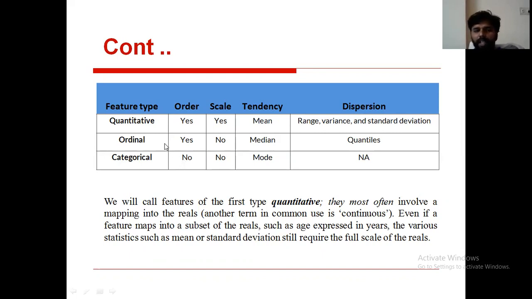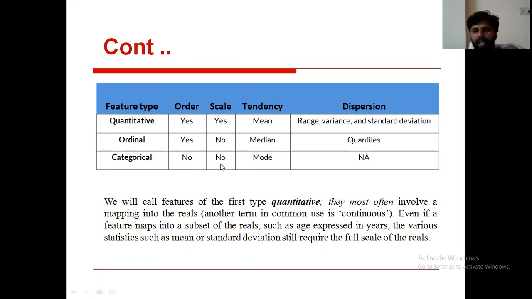If you take ordinal variables 1, 2, 3, 4, there is an order. If you represent the quantity, it may be a numeric value. Here we may represent the quantity in proper order, right? Similarly, for ordinal features, we can't measure, we can't scale them.